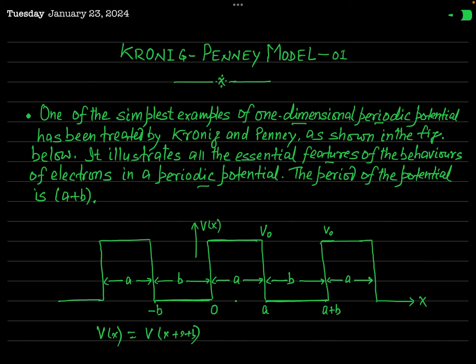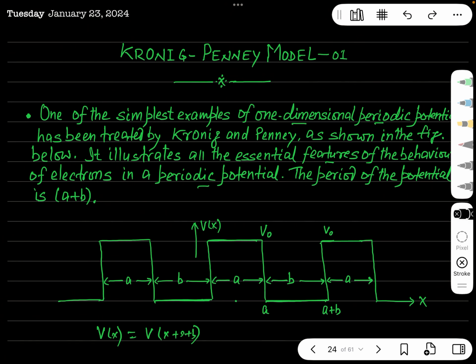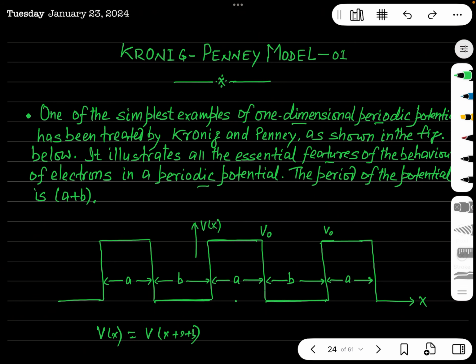Sorry, here I have marked the figure in a wrong manner. Let us see. In fact, you have to take 0 here and minus b here. This has also been written wrongly.